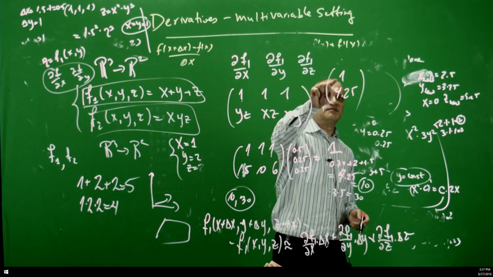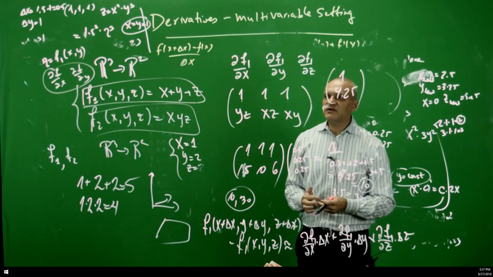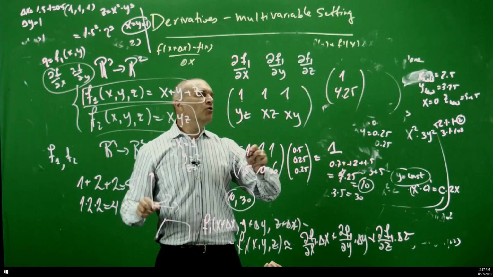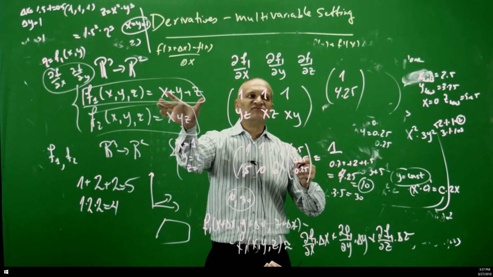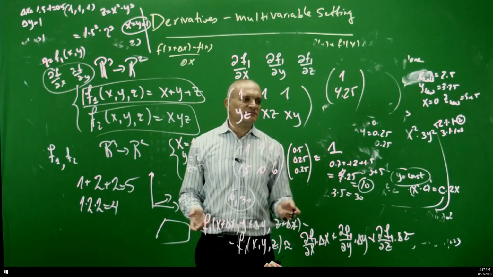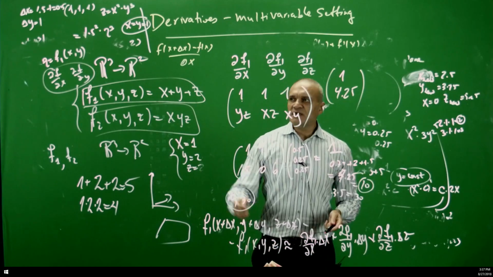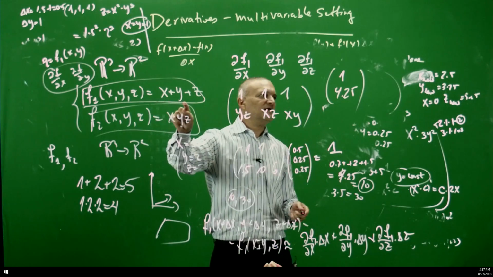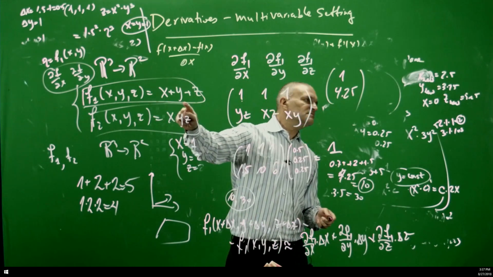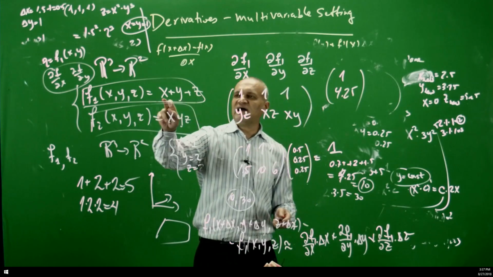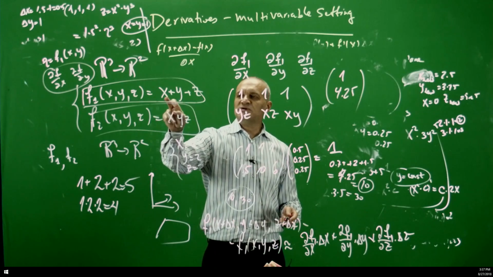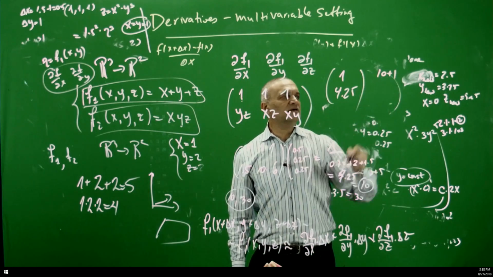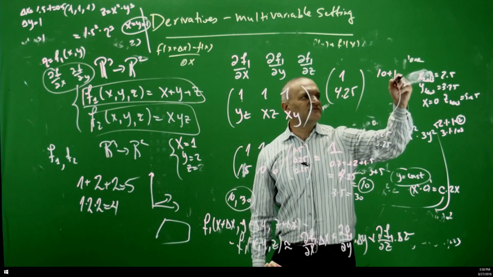Okay? And what does this 1, 4.25 represent? It represents by how much I need to move my point, which I have here, in order to get the new approximate value. So here we said that it's going to be 2 plus 3 plus 5, which is 10. So I need to take 10 and add 1 to it. So I'm going to get 11.